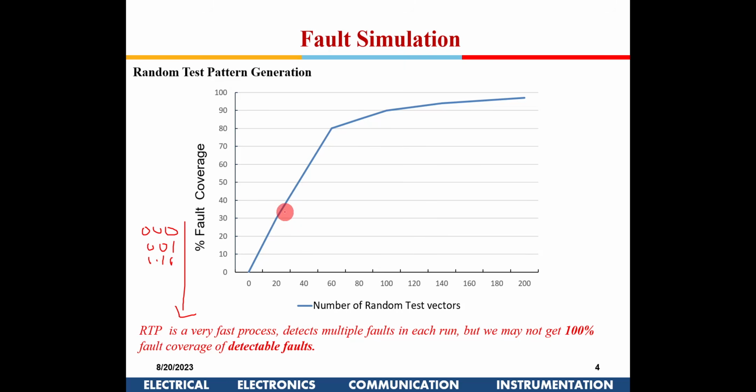So the slope will be very high, but as you come towards the end of the fault coverage area, like from 70 to 100, you will find that it is not getting picked. Those faults are not getting picked because they are difficult to detect, so you will have to keep running more and more test patterns to capture them, and it will take a long time.